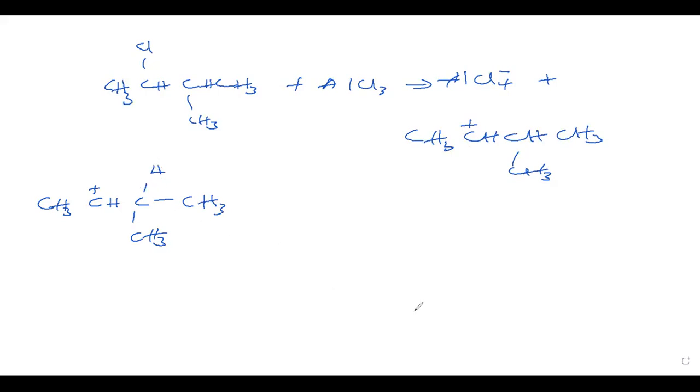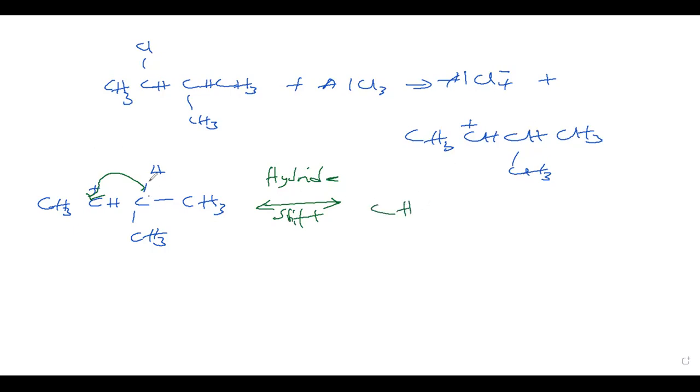Now I know if I move this hydrogen to the side, what I'll get. So this is my hydride shift. If I move this, the positive charge will be deposited here. So that is what I'm showing now.